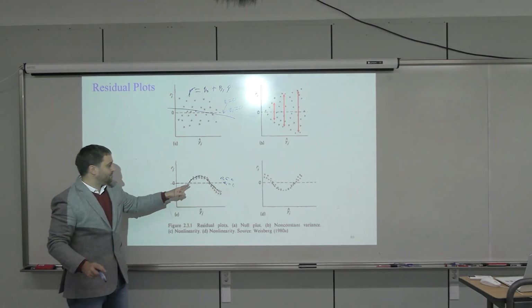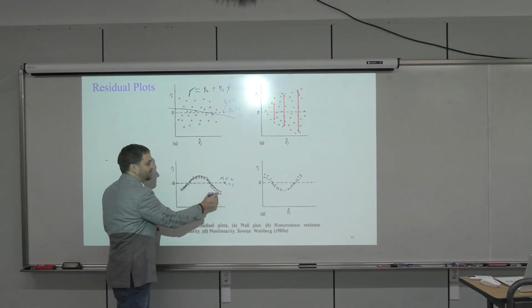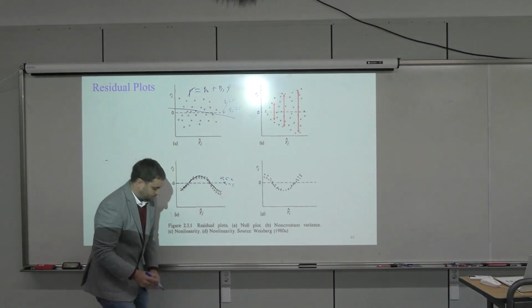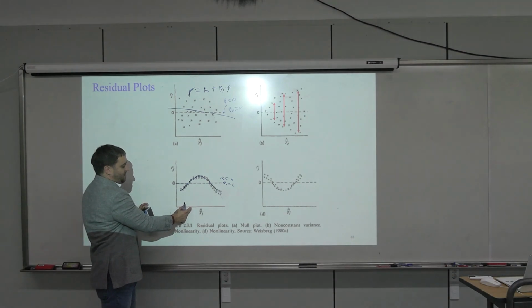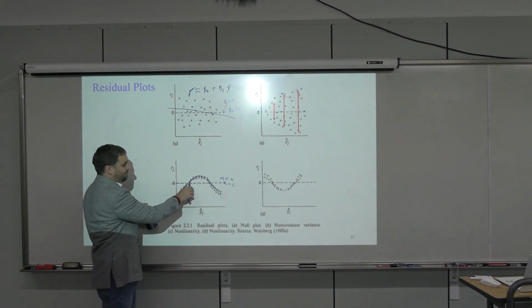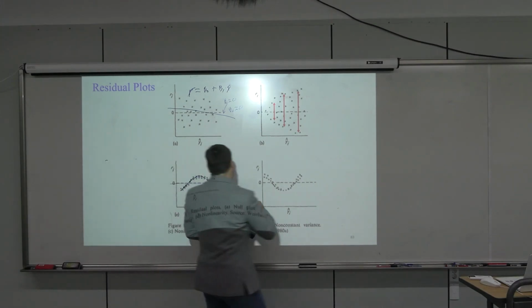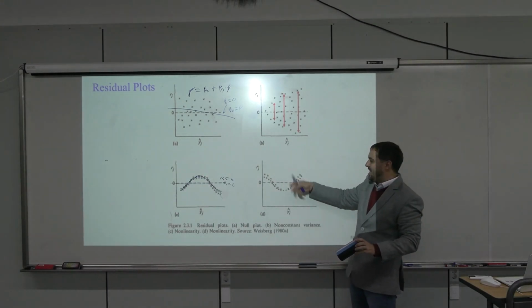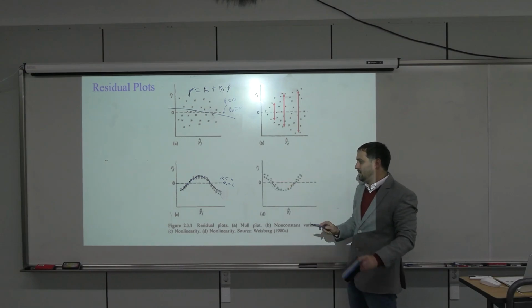And so this looks like a quadratic. All of your y values at this range are negative, then they all become positive, and then negative again. And this plot is just the inverse of that, starting out positive and then turning negative.